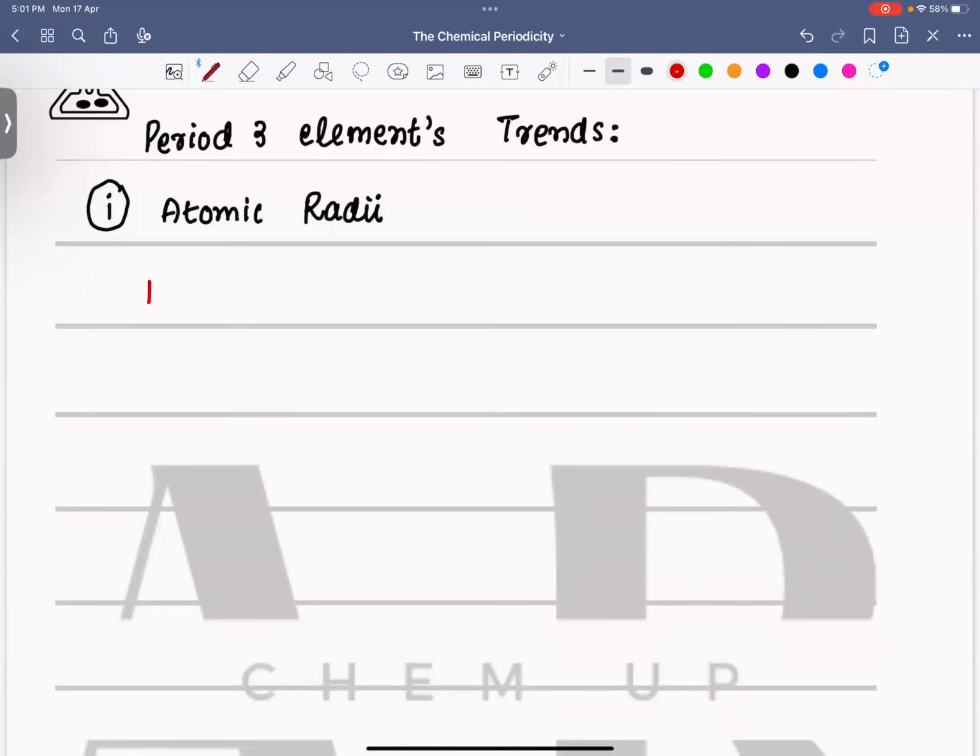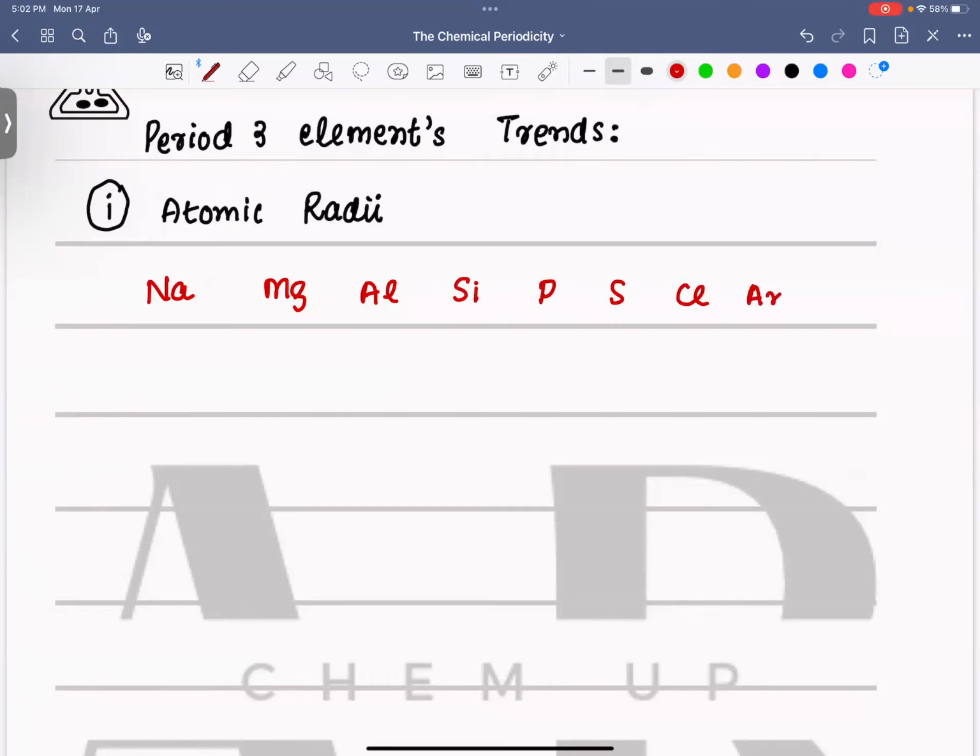So first element you have sodium, then magnesium, then aluminium, then silicon, phosphorus, sulfur, chlorine, and argon.